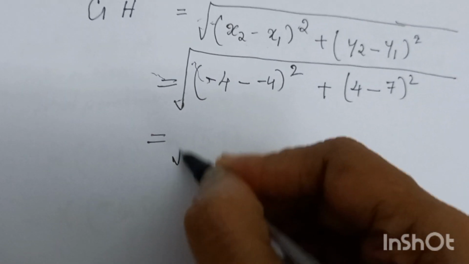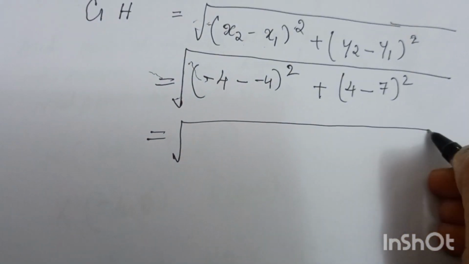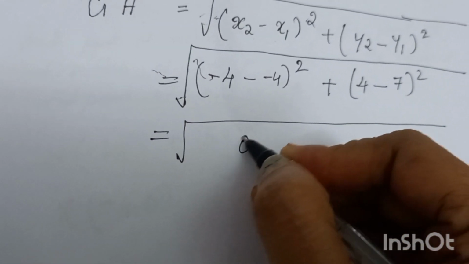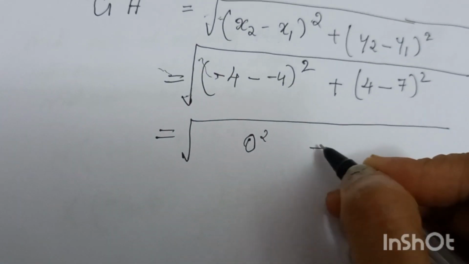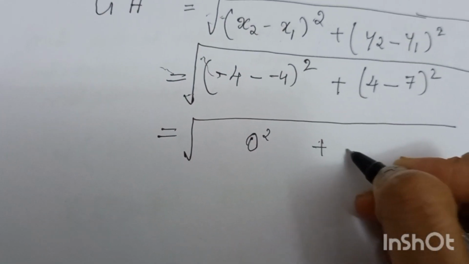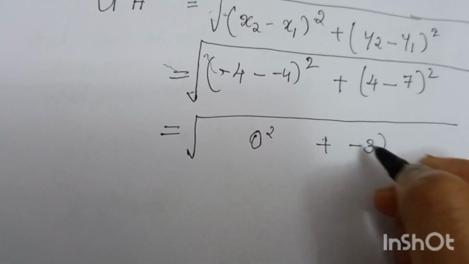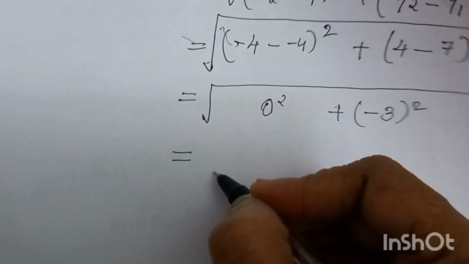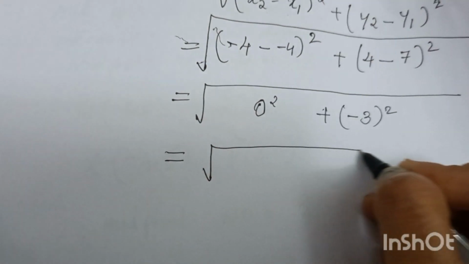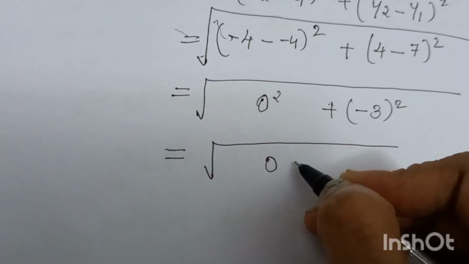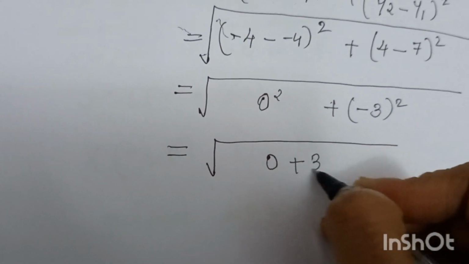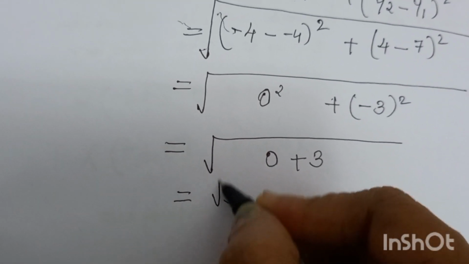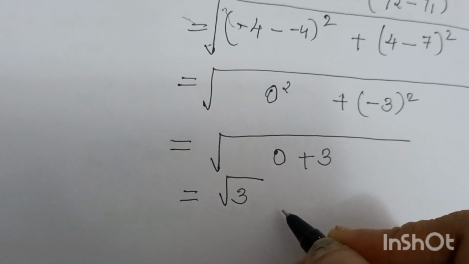Which is equal to root of minus 4 plus 4, which is equal to 0 square, plus minus 3 whole square, which is equal to under root of 0 plus 9.